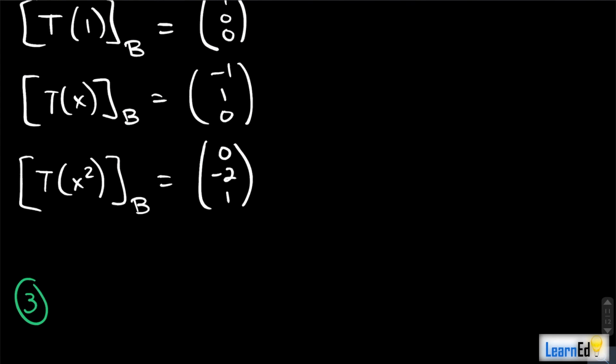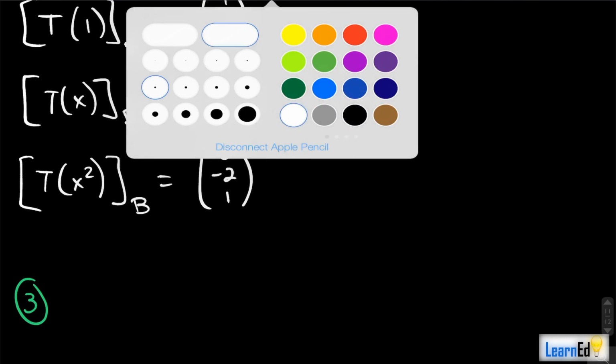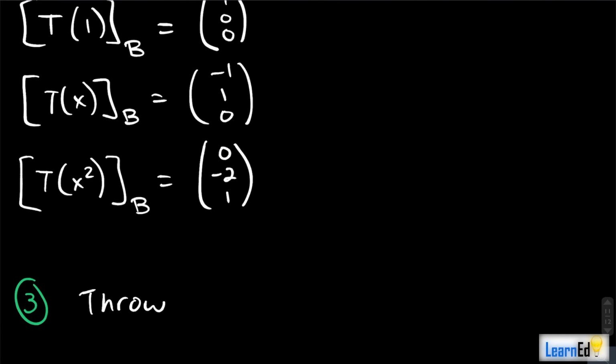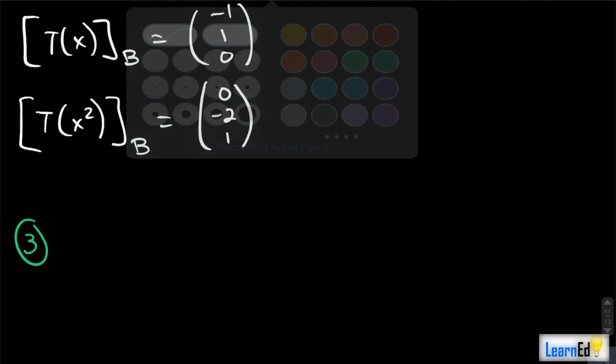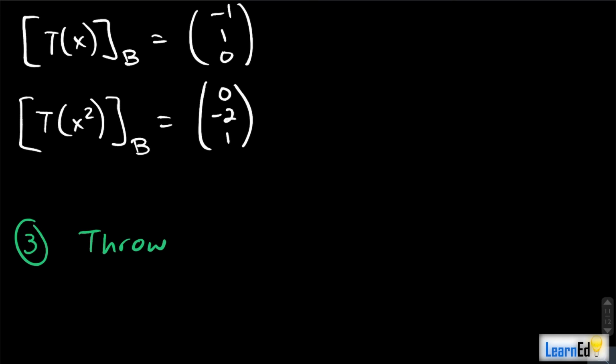And the last step here is a really quick process: throw them in a matrix. Last step, and I didn't write that in green. Gosh darn it, hang on. No, it's going to bug me to no end, so I'm going to write it. Throw them in a matrix.